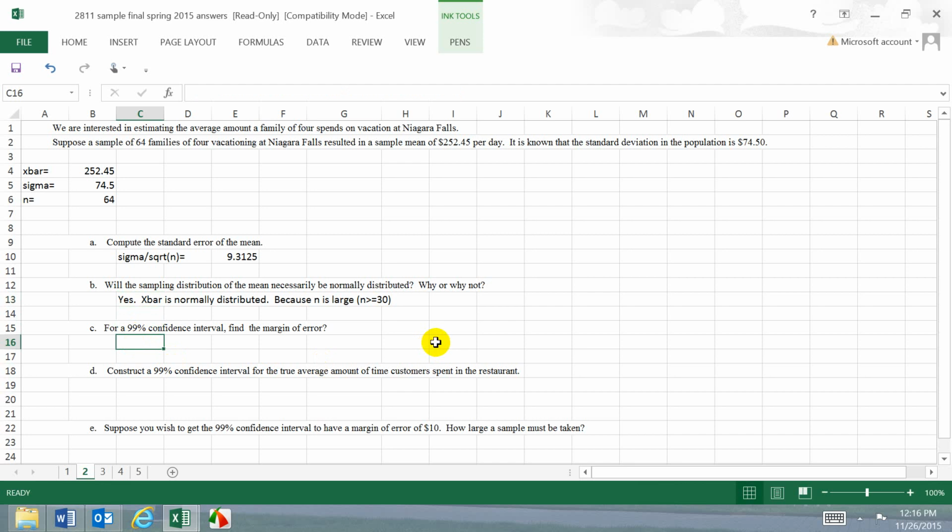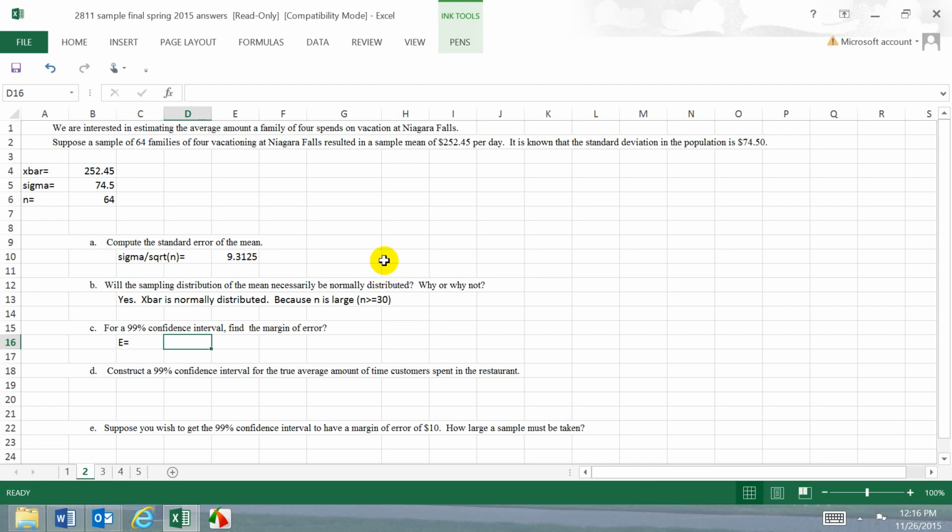The margin of error is the amount that you add and subtract to x bar in order to get the confidence interval. We know that since we're using the z distribution, and the reason again is that the standard deviation of the population is known, the margin of error, let's call that E, is going to be equal to the appropriate z times the standard error.